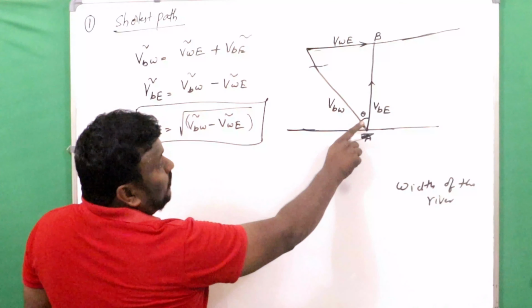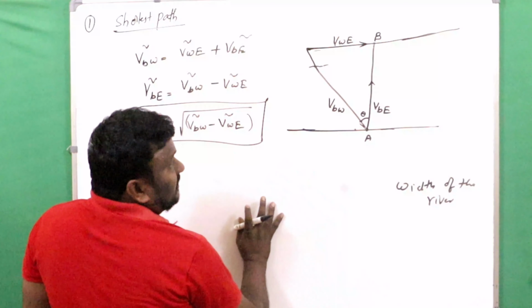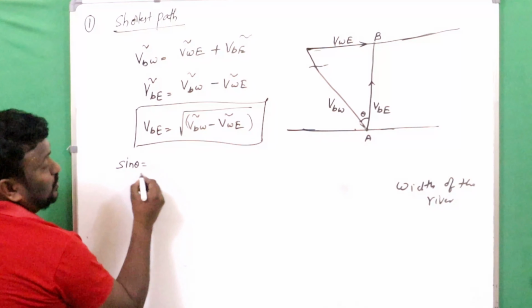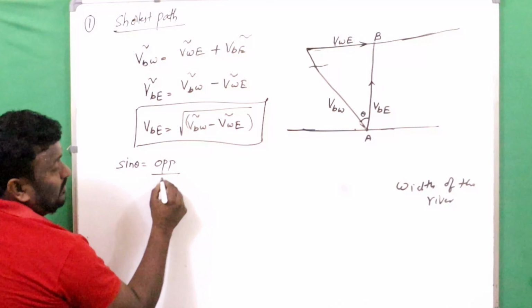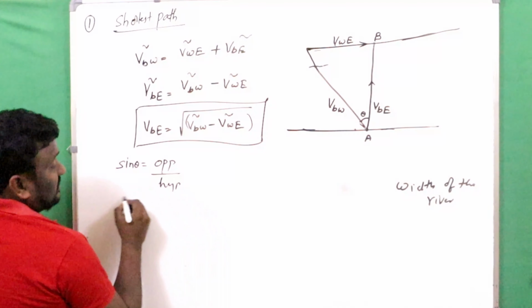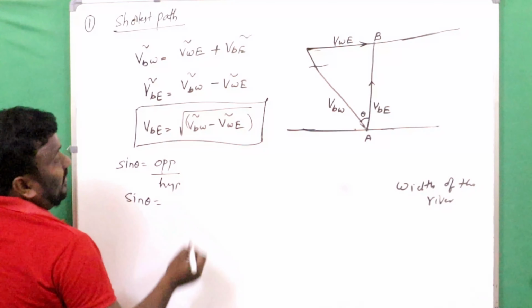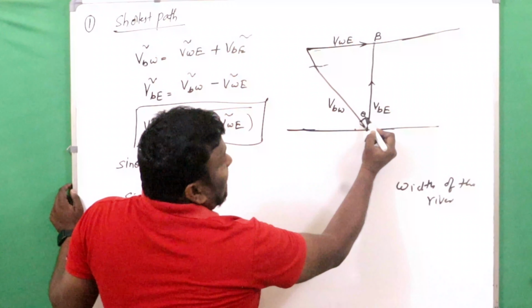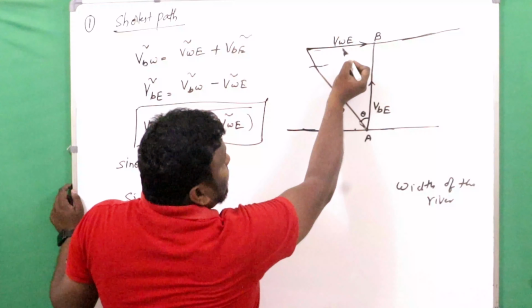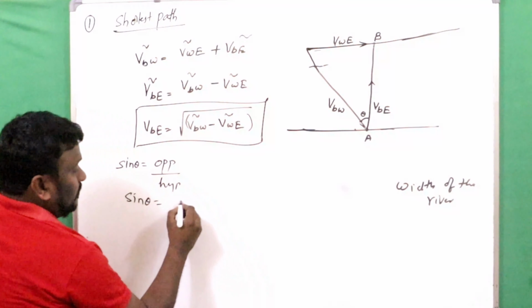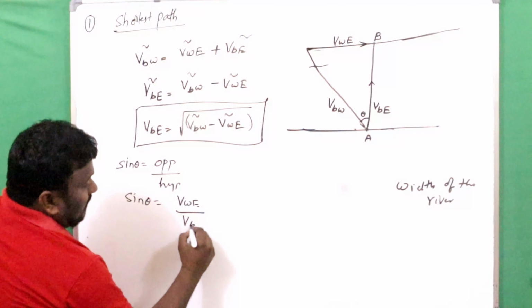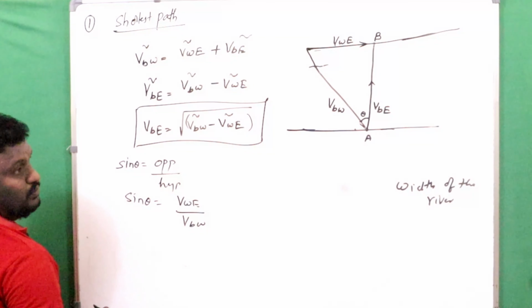And next, there is some angle. The angle made by the boat with the normal is theta. So for that, what formulas do you write? Sin theta is equal to opposite side by hypotenuse. So sin theta is equal to opposite, which is VWE, by VBW.